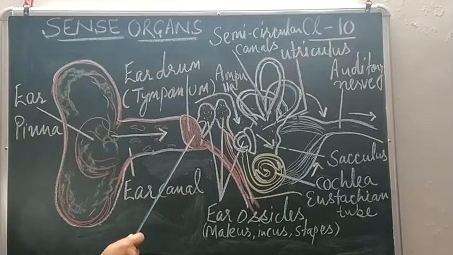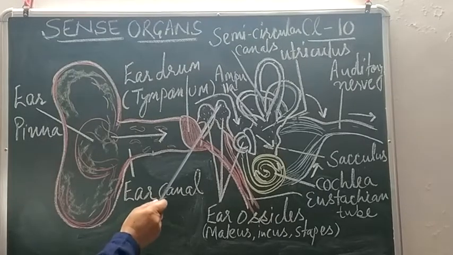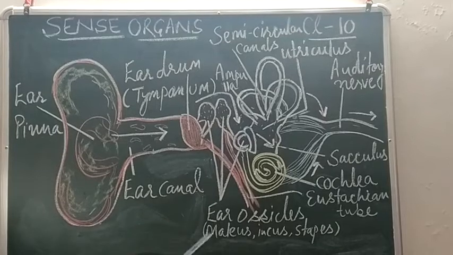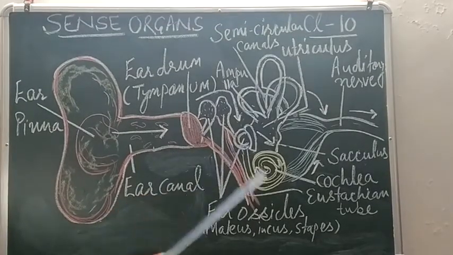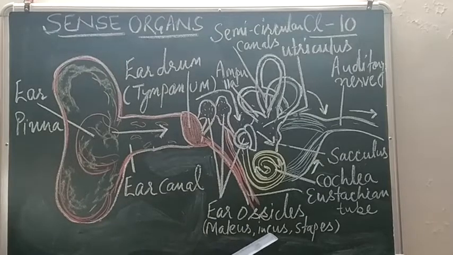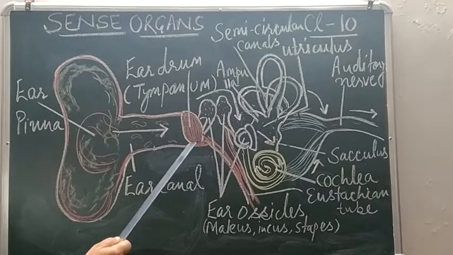When the eardrum starts vibrating, it sets the three ear ossicles in the middle ear vibrating. These three bones, first, second and third, are called malleus, incus and stapes. Together they are called ear ossicles.